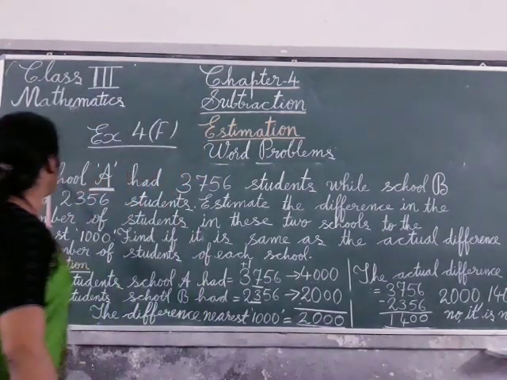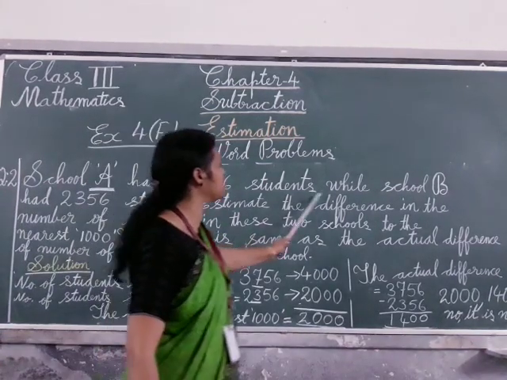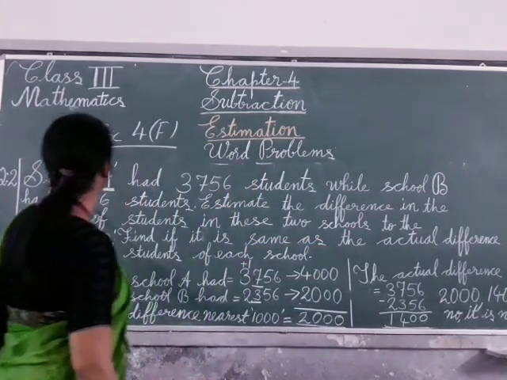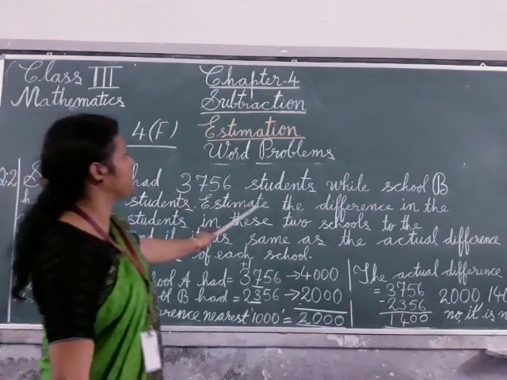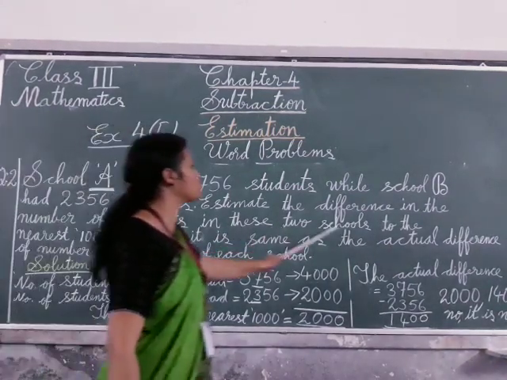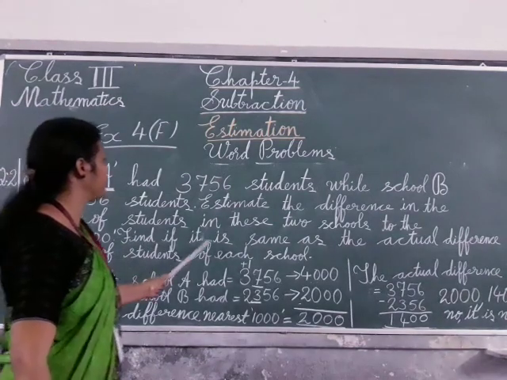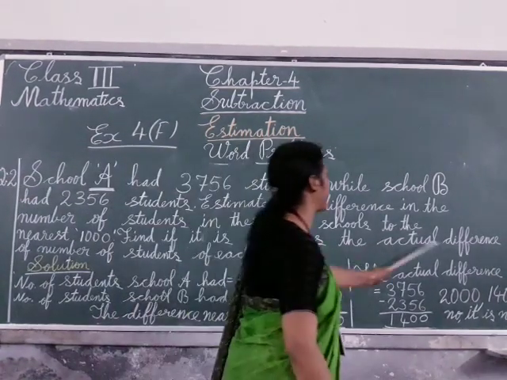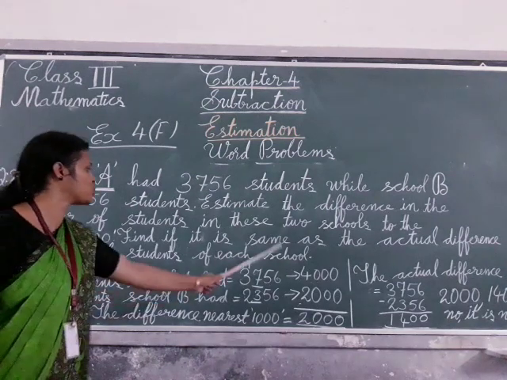So here once again, school A had 3,756 students while school B had 2,356 students. Estimate the difference in the number of students in these two schools to the nearest 1,000. Find if it is same as the actual difference of number of students of each school.